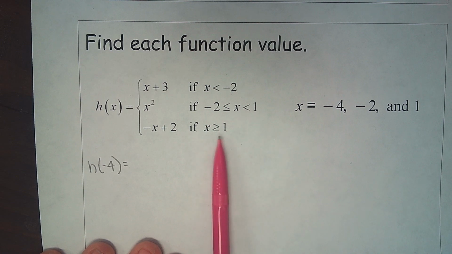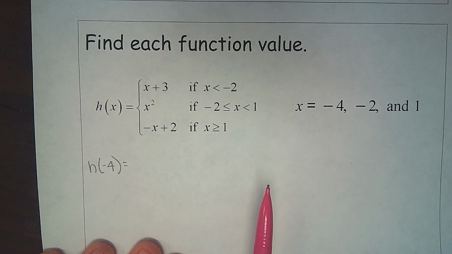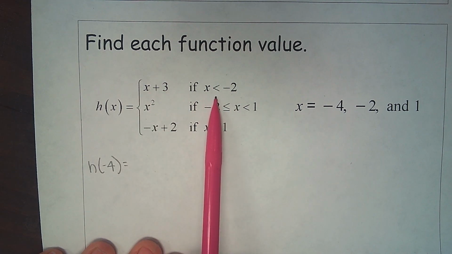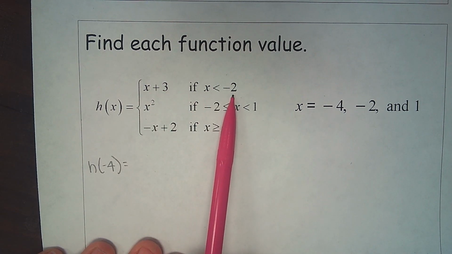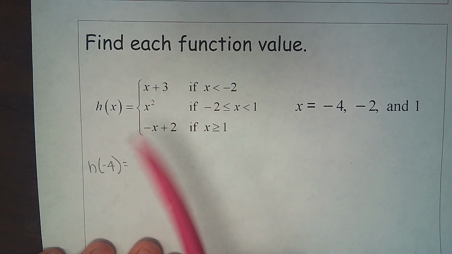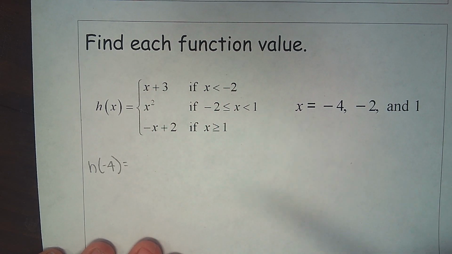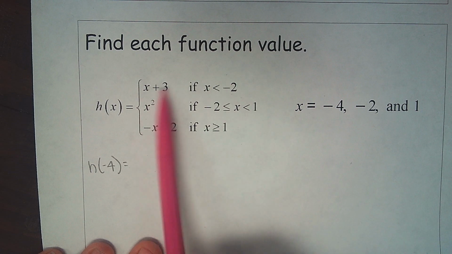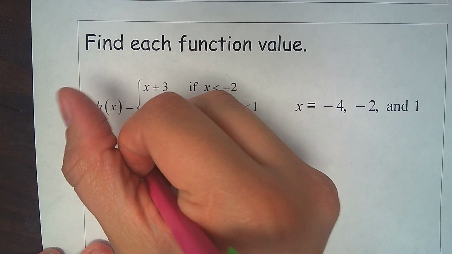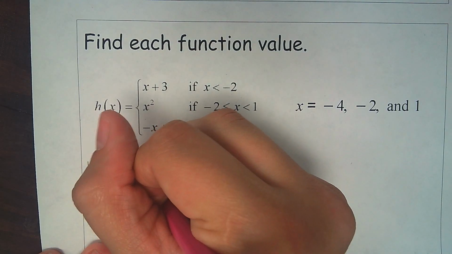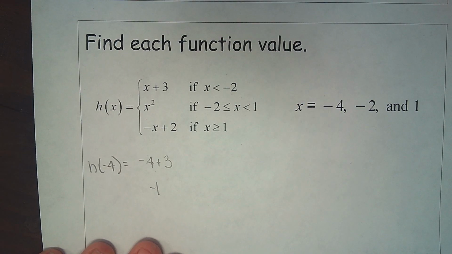Or is -4 greater than 1? And hopefully you're picking the first one. Hopefully you're saying that -4 is less than -2. So, since it only fits this domain restriction, I can completely ignore those bottom two equations. And I'm just going to plug -4 in for x in the top one, because that's the one it works in. Clean it up, and I get h of -4 is -1.